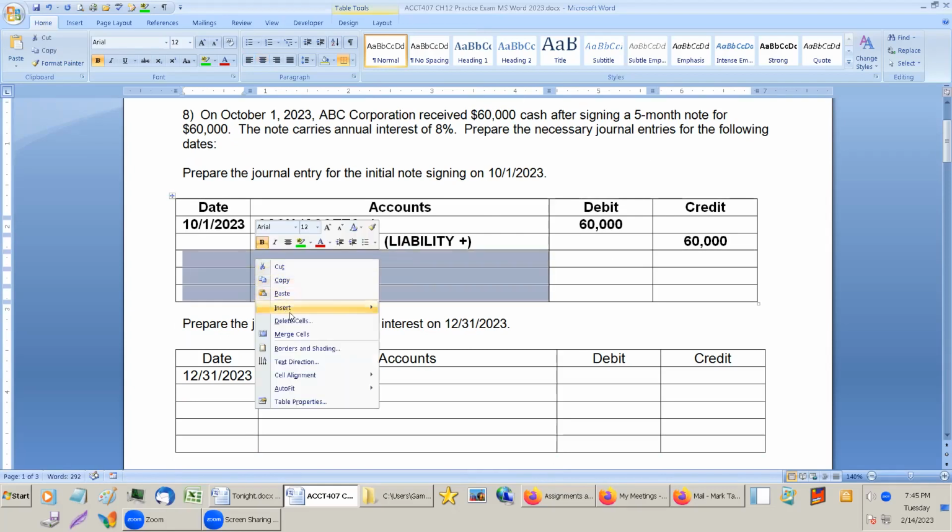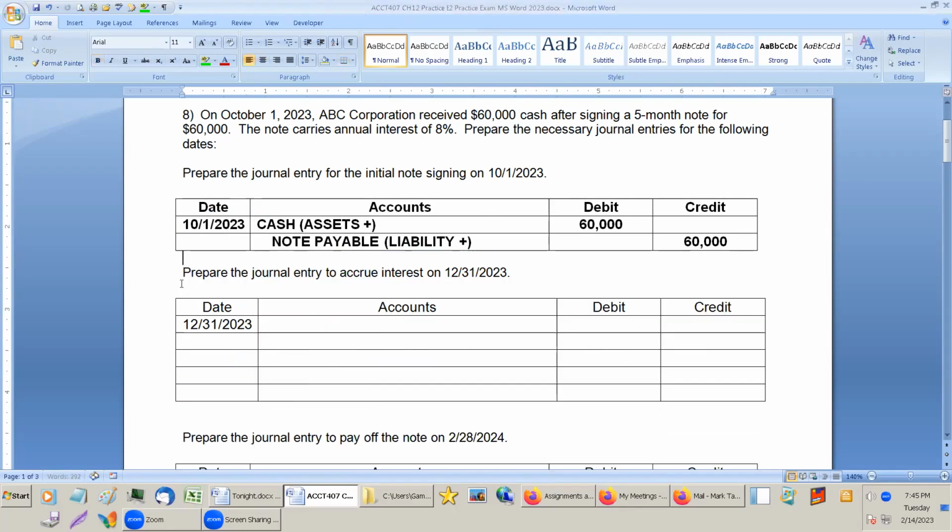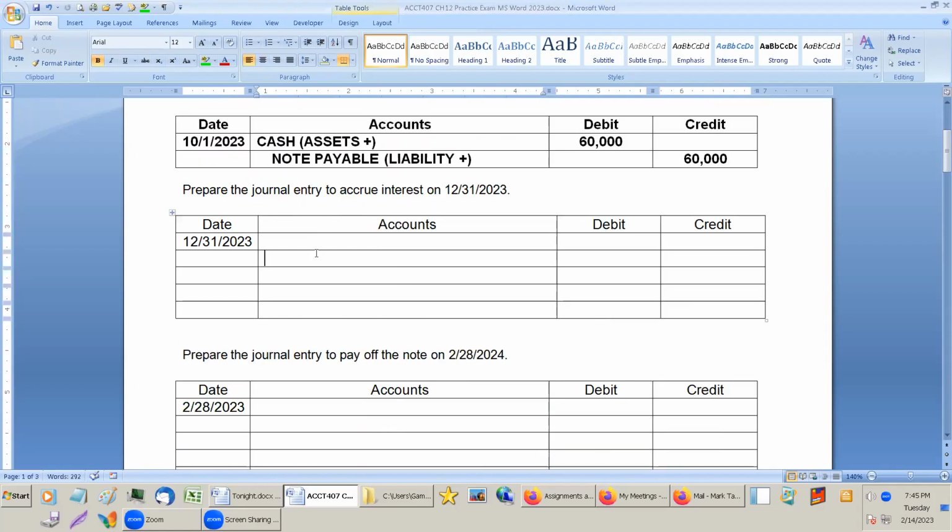Some of my overly generous journal entry lines here.